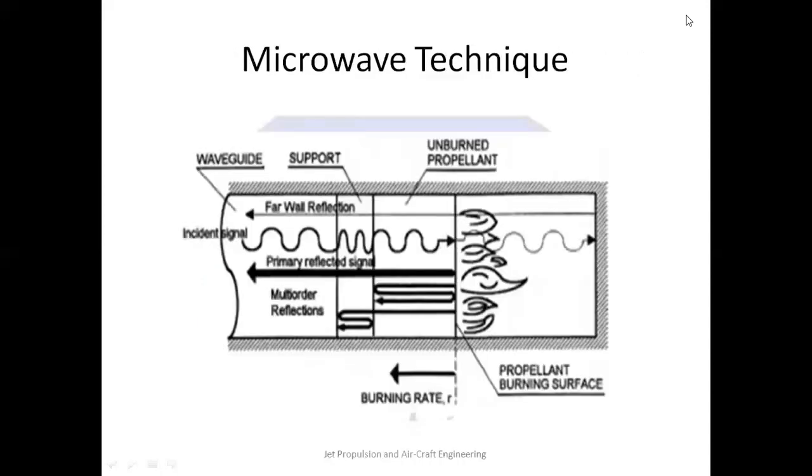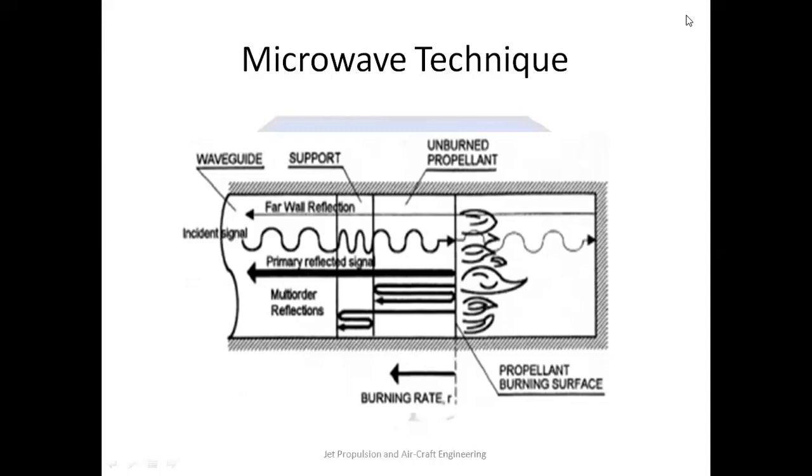Then the next one is the microwave technique. The microwave technique is based on microwave reflection interferometry. In this method, a propellant sample having a length of 8 to 9 mm and diameter of 8 mm is bonded in a circular tube that is shown in the figure.